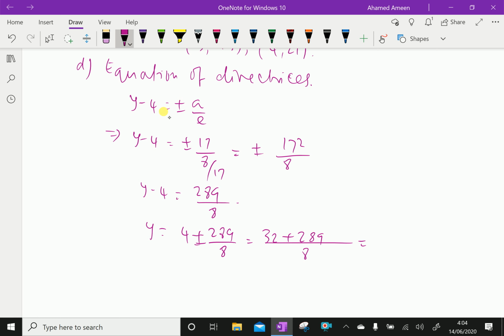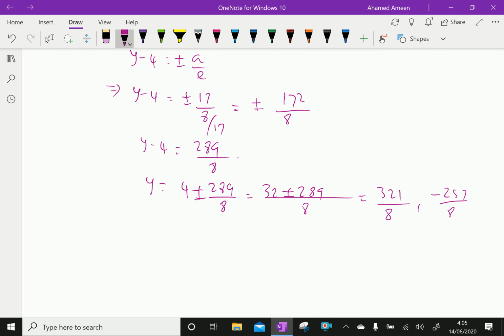First one, 32 plus 289 is 321 over 8, and for minus, 32 minus 289 is 257 over 8. Therefore we have directrices are y equals 321 over 8 and y equals minus 253 over 8.